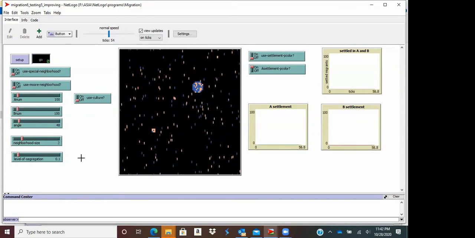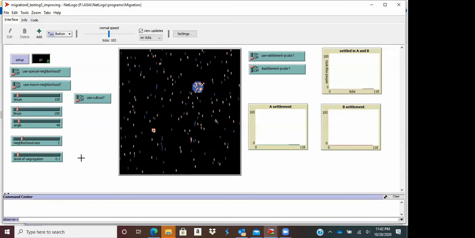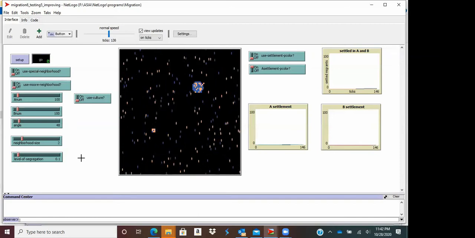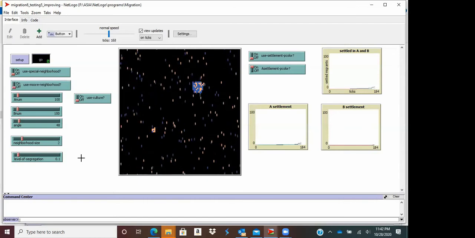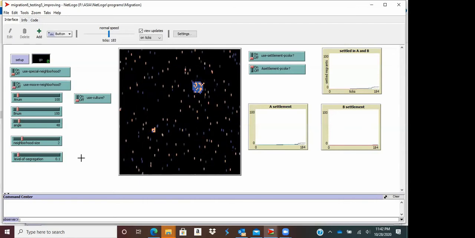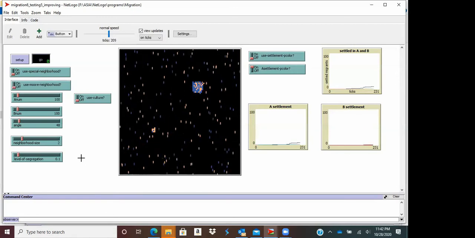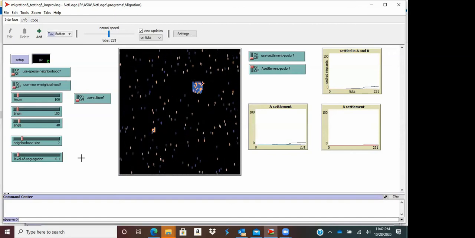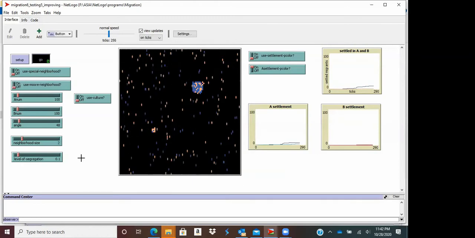So they start moving. Those migrants begin to randomly move around, and when they come across some part of a community, within a neighborhood, if there's a certain percentage of residents of their own ethnic or racial group, they settle down.